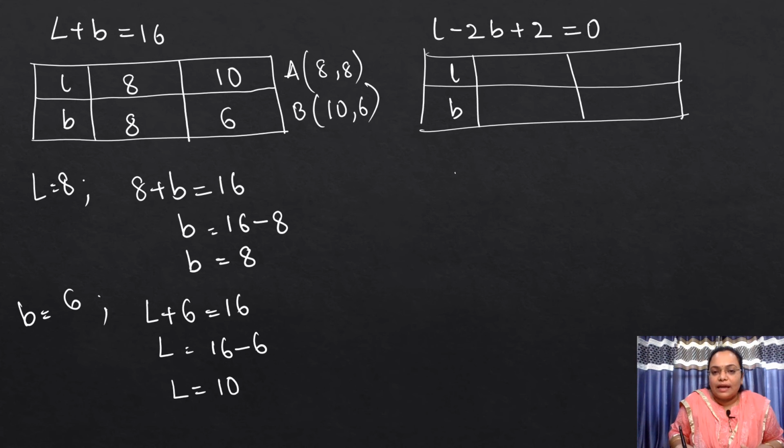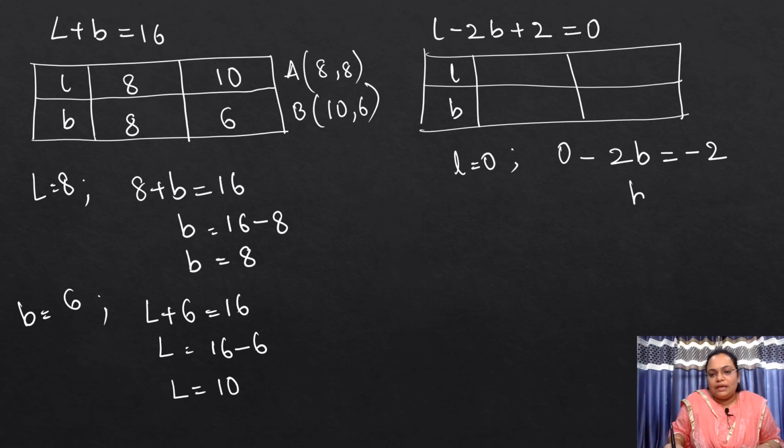Now for the second equation, if you take L is equal to 0, this will be 0 minus 2B is equal to minus 2. B is equal to minus 2 divided by minus 2, which is 1. So when L is equal to 0, you will get B as 1.